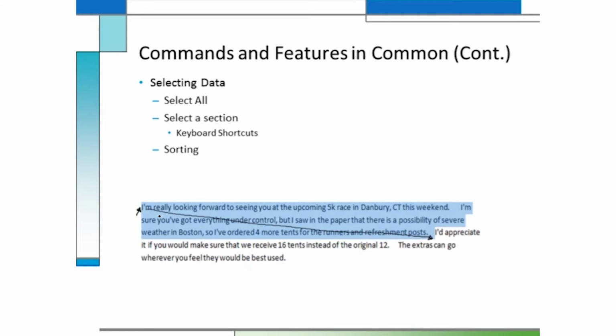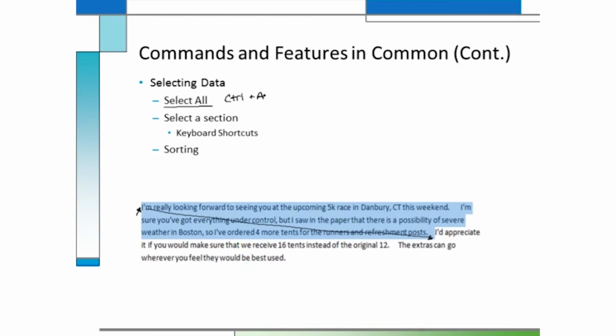I don't want just a piece of it, and you don't want to start this click and drag and have to scroll through multiple pages. So you have the ability to do what's called a select all. In this case, select all is a Control plus the letter A, and that will select everything that's in that document. And then, of course, you could do your Control C's and Control V's or whatever else you need to do. So I covered how to select a section.